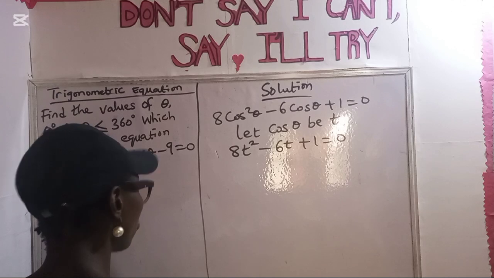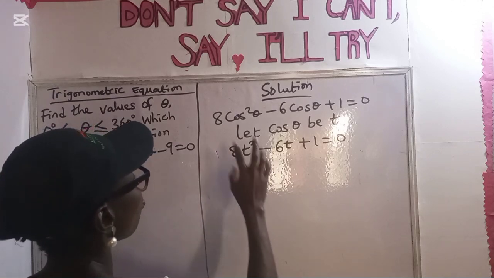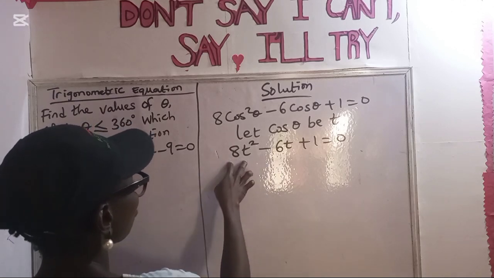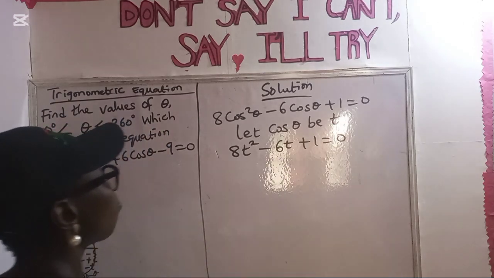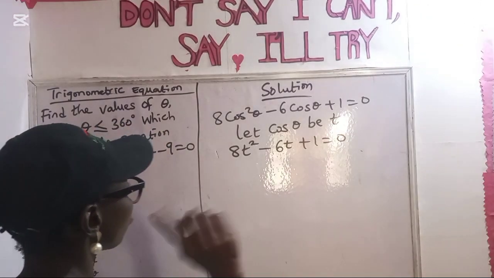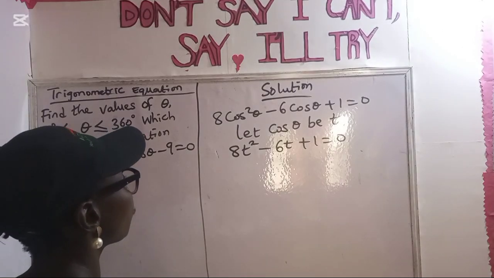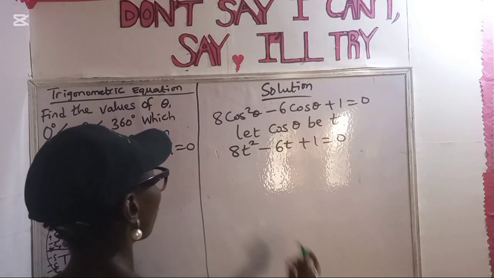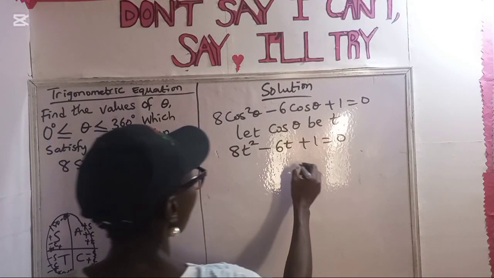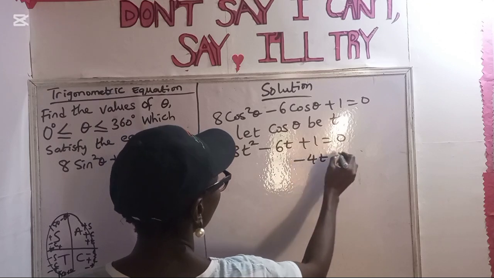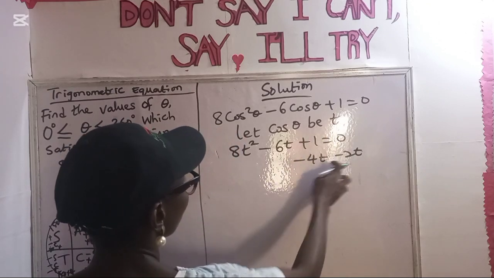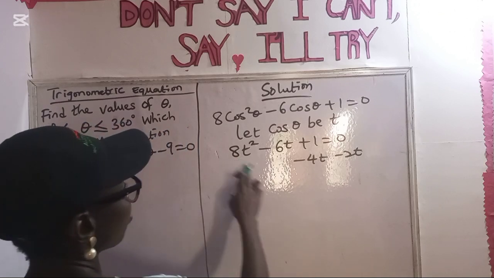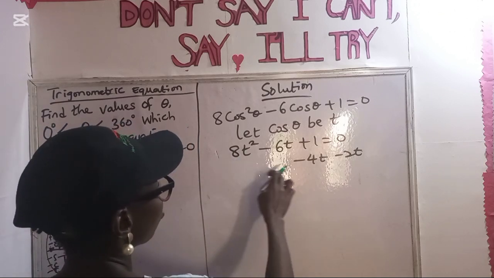We look for two numbers that when you multiply them, it will give us 8, and when we add them, it will give us minus 6. So we need to think fast. When you are doing factorization, think of the numbers. So we are using minus 4t and minus 2t. Minus 4t times minus 2t will give us positive 8t square.